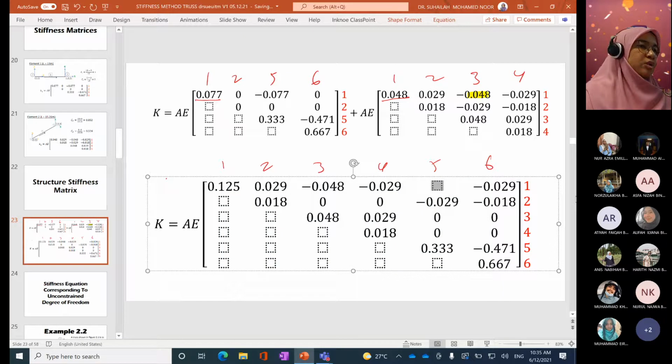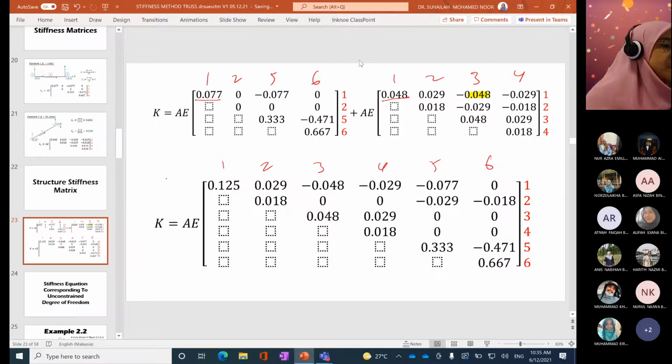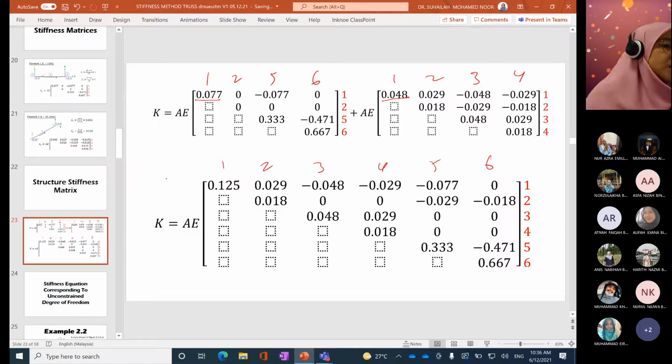Okay, 15, negative 0.077, 0. Okay. So 2, 2, 2, 2, 3, 3, 3. Mana 3, 3? 3, 3 yang ini. 0.048 kan? 0.048, 3, 3, 4, 0.